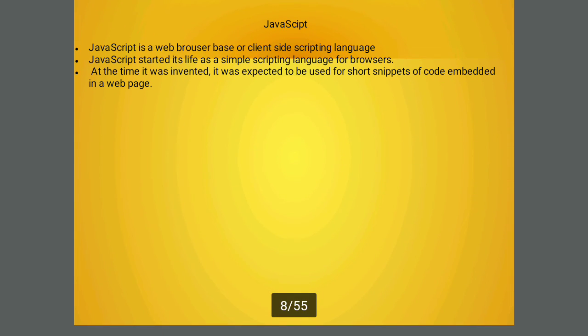So what is JavaScript? JavaScript is a web browser based or client side scripting language. JavaScript is a scripting language and it is used for validation purposes. Suppose you want to make a form, and in the form your name, mobile number and age are there.